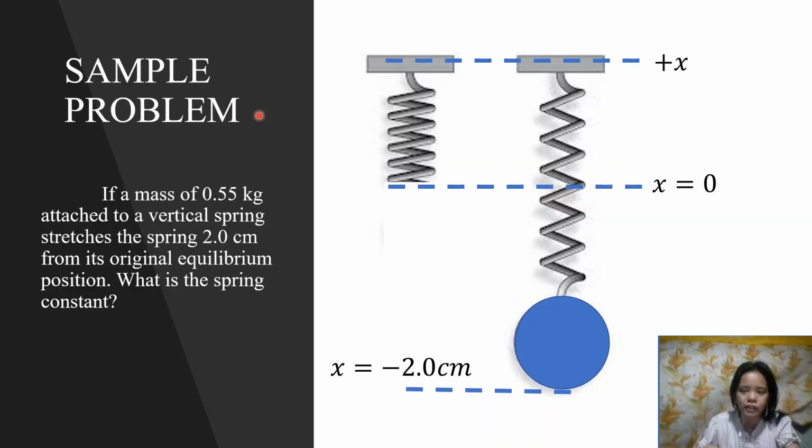So let's take this as an example. If a mass of 0.55 kilogram attached to a vertical spring stretches the spring to negative 2.0 centimeter from its original equilibrium, what is the spring constant? Here we have negative 2.0 cm, and we are starting at x equal to 0, with plus x in the opposite direction.